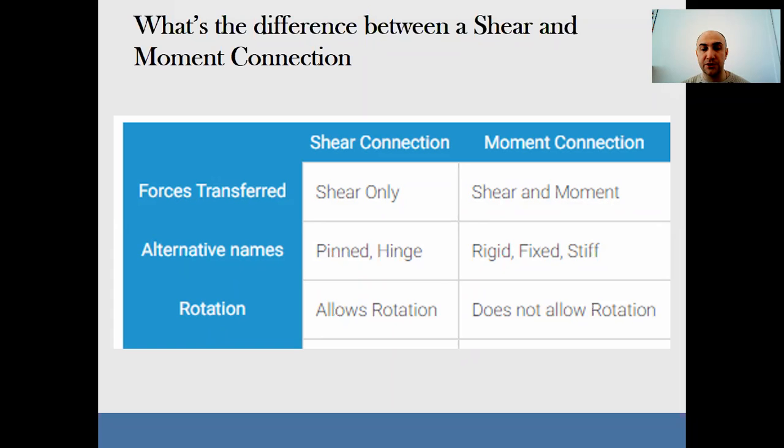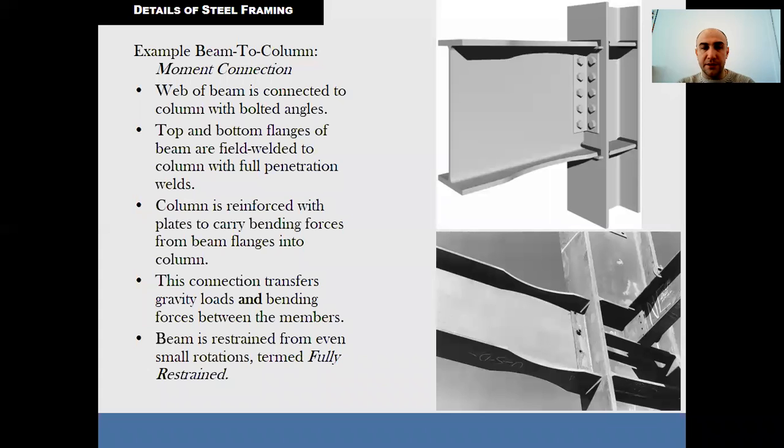The shear connection can also be found as a pivot or hinge connection, while a moment connection is rigid, fixed, and stiff. And about rotation, a shear connection allows rotation and the moment connection doesn't allow any rotation about the three axes on the construction site.